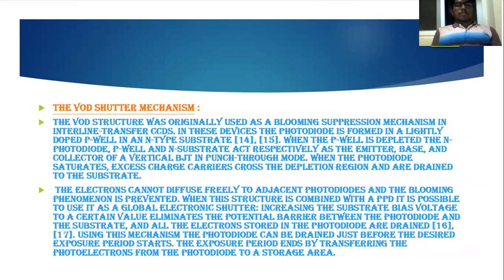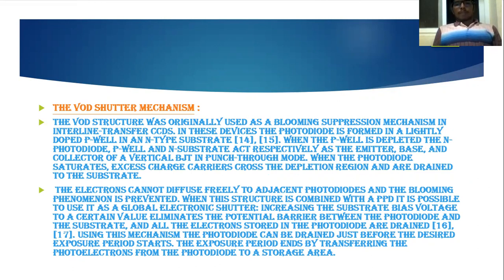The vertical overflow drain structure mechanism. The VOD structure was originally used as a blooming suppression mechanism in interline transfer CCDs. In these devices, the photodiode is formed in a lightly doped P-well in an N-type substrate.